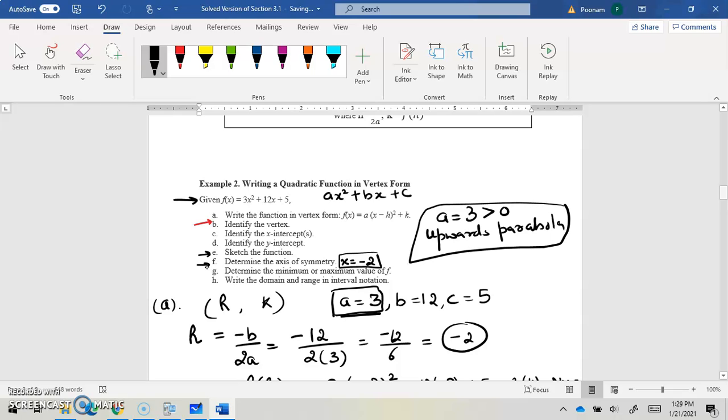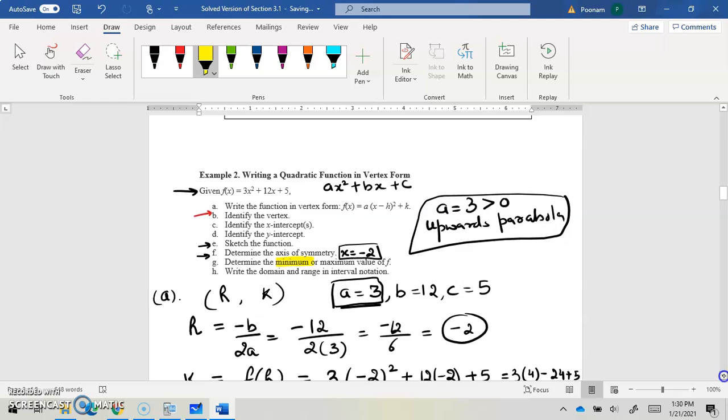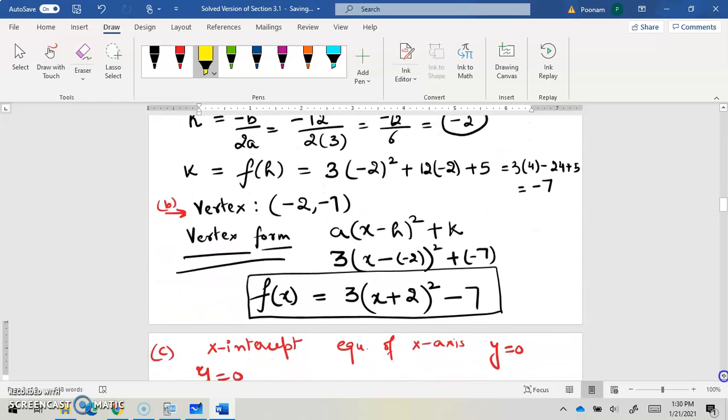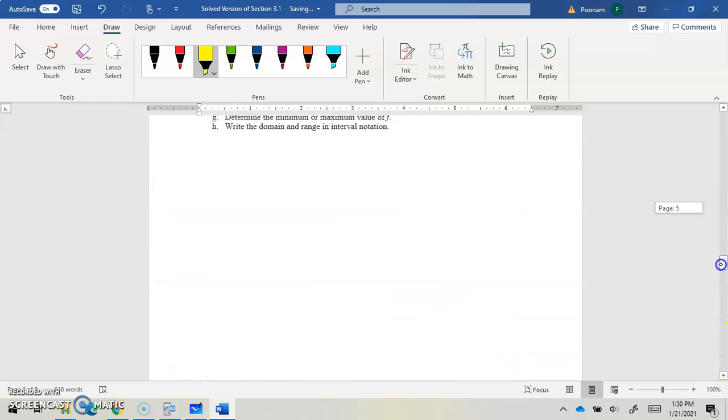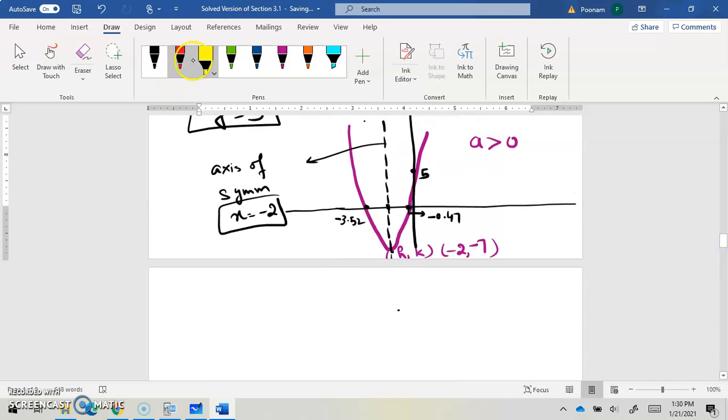Now, determine whether it has a minimum value or a maximum value. The graph is an upwards parabola. So, obviously, it will have a minimum value, not a maximum value. That is the first observation, right? And where will that minimum value be? Your minimum value will be at the vertex.